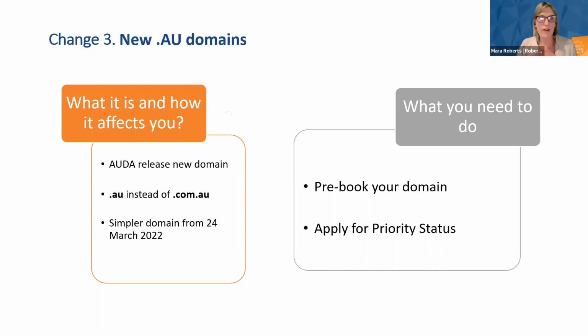But what we're finding is that if you don't register or pre-register your .au domain, there is risk of a competitor or another business registering your domain, and then you have to go into a battle to claim your domain name. So even if your website is .edu.au or qld.edu.au, I would recommend you try to register the .au version.